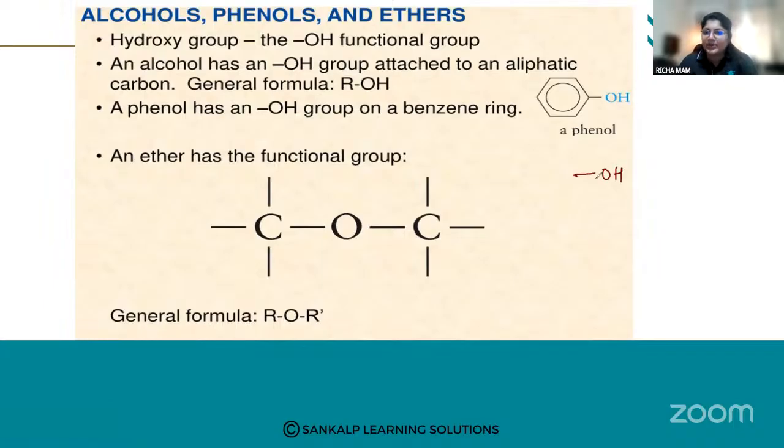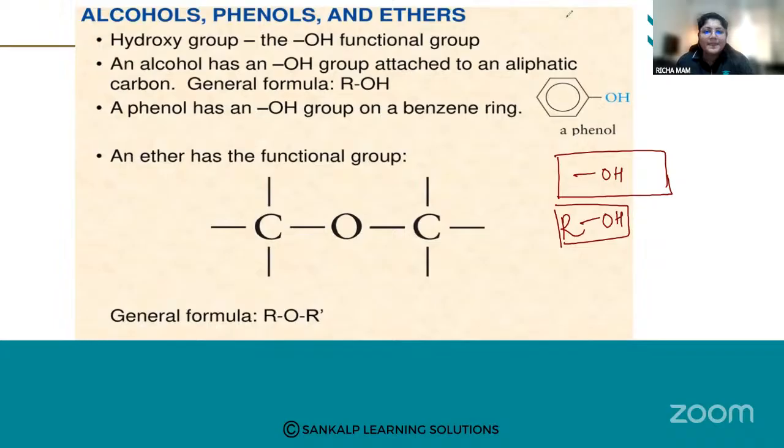Compounds which have the OH group are classified as alcohols. The hydroxy group is attached to an aliphatic carbon, and then they give rise to the compounds called alcohols. So alcohols are represented as ROH.